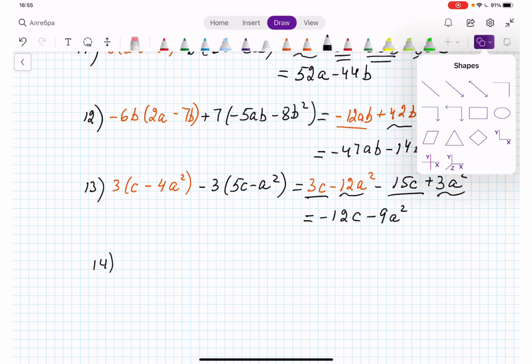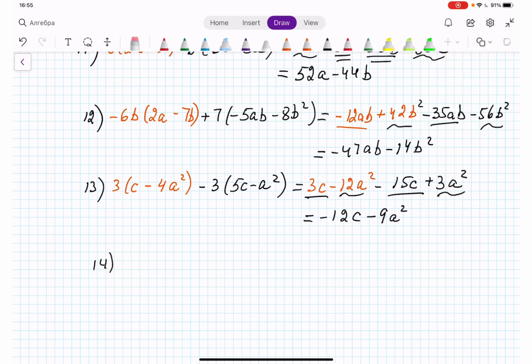Where is my rectangle? Here it is. So the length is 8x minus 5, and the width is 2x plus 3.